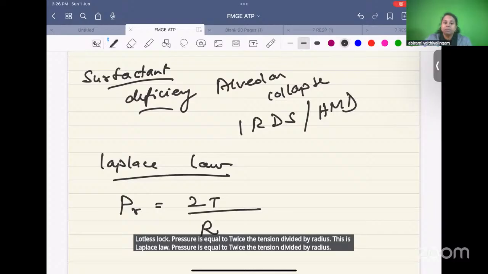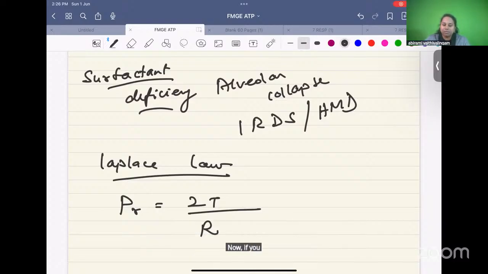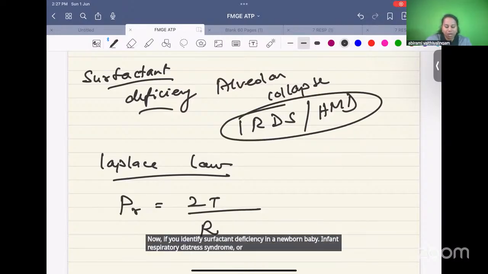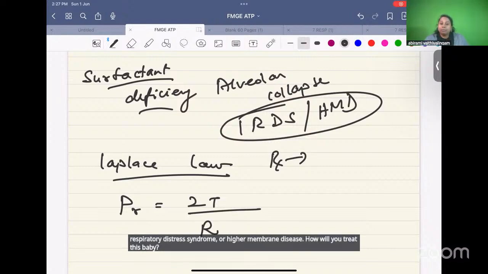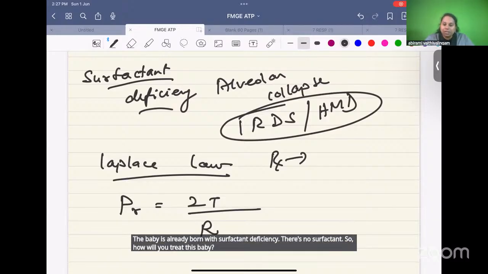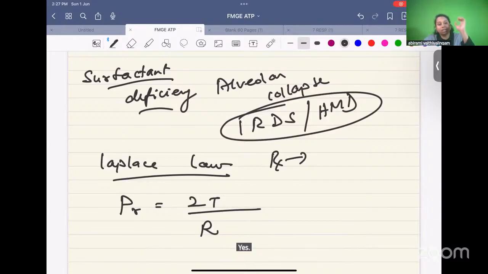Now, if you identify surfactant deficiency in a newborn baby, infant respiratory distress syndrome or hyaline membrane disease, how will you treat this baby? The baby is already born with surfactant deficiency. There's no surfactant. So how will you treat this baby? Yes, steroids you can't give now because already the baby is born with surfactant deficiency.